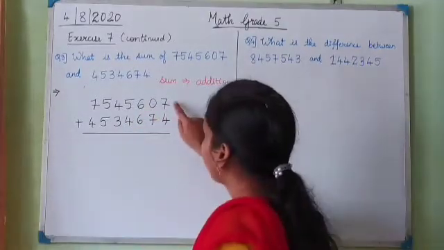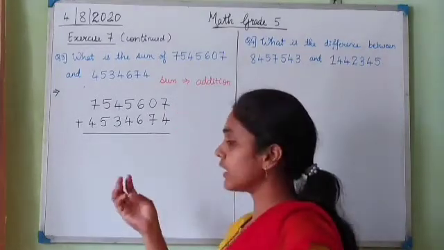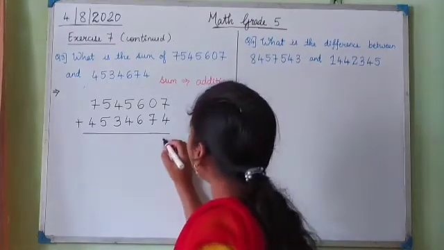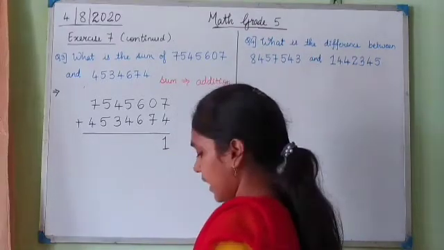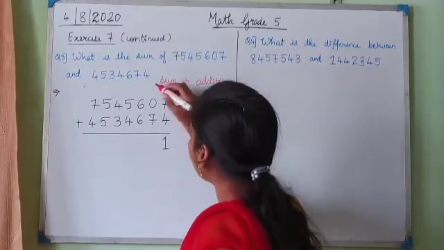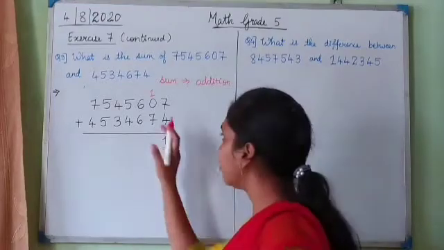So what is 7 plus 4? Count after 7: 8, 9, 10, 11. So 7 plus 4 is 11. How do I write 11? I write 1 here and the other 1 of 11 gets carried to the next number.